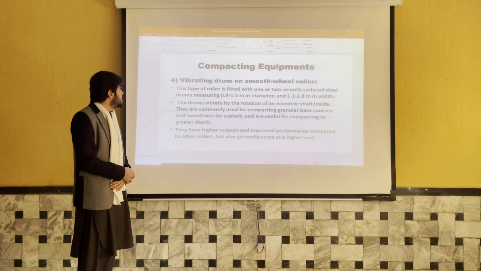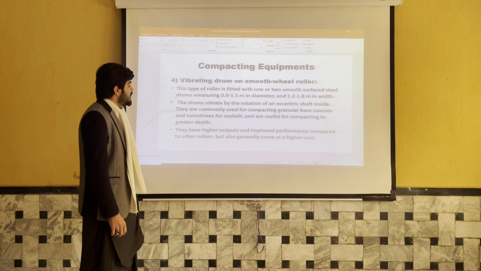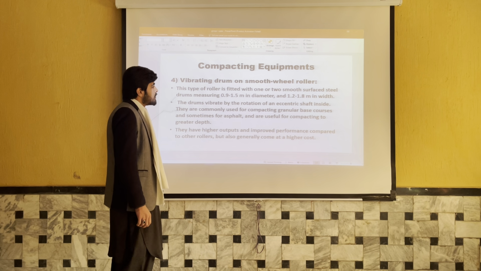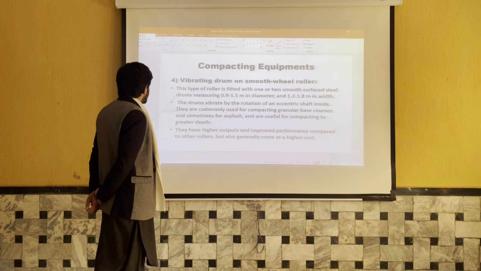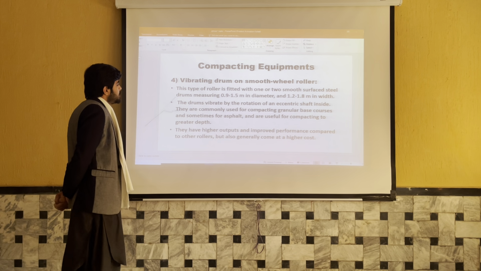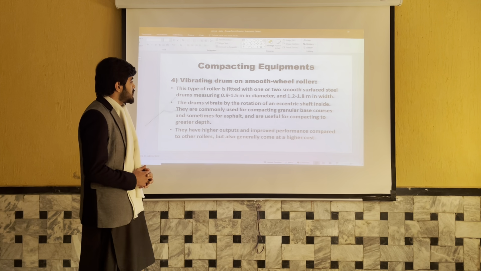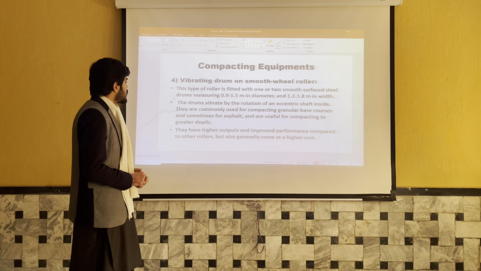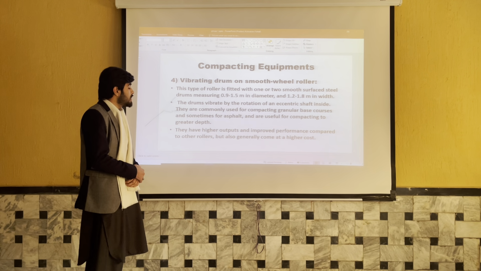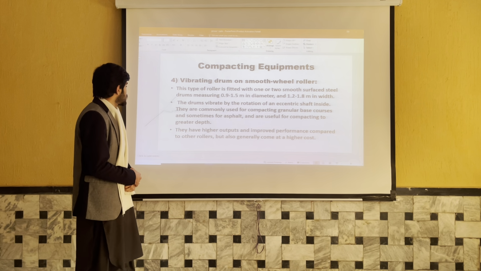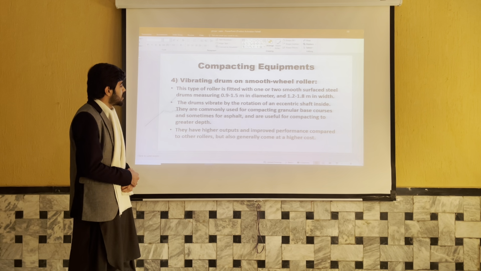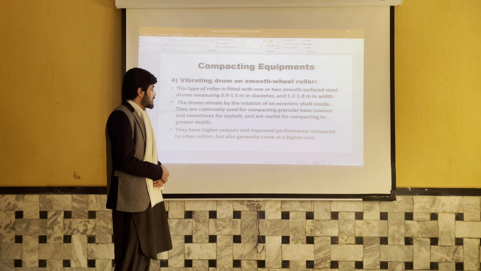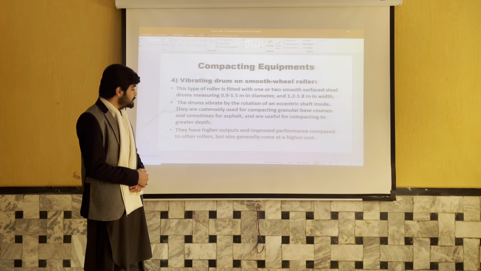This type of roller is fitted with one or two smooth-surface steel drums measuring 0.9 to 1.5 meters in diameter and 1.2 to 1.8 meters in width. The drums vibrate by the rotation of an eccentric shaft inside. They are commonly used for compacting granular base courses and sometimes asphalt, and are useful for compacting to greater depth.